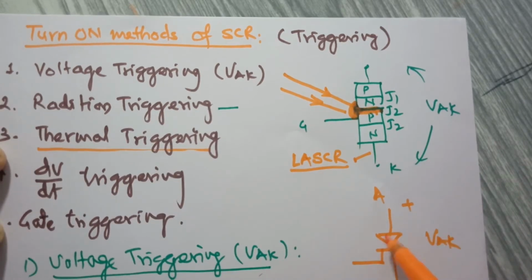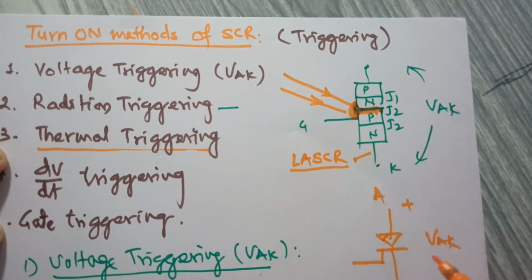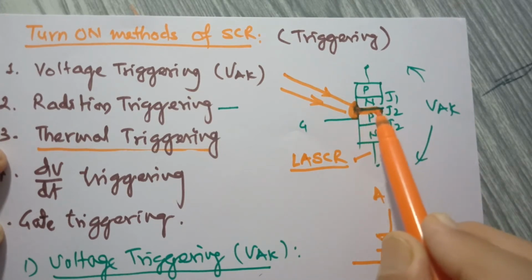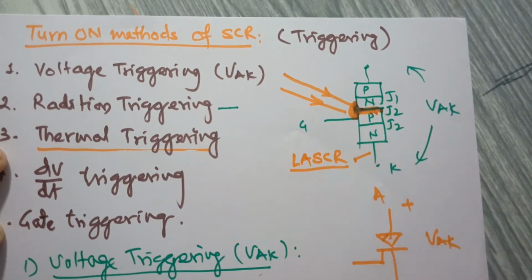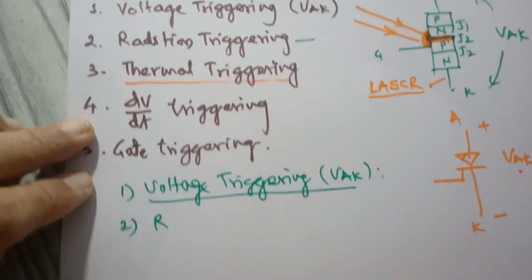If due to any reason the temperature of this SCR increases, then as the temperature of this reverse biased junction increases, this thermal energy, heat energy, creates current carriers, holes and electrons, and they flow under the influence of the anode to cathode voltage, and at a particular temperature, this SCR fires. That's why this technique is called thermal triggering.